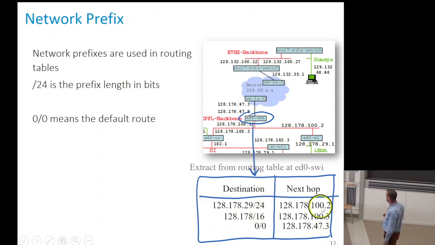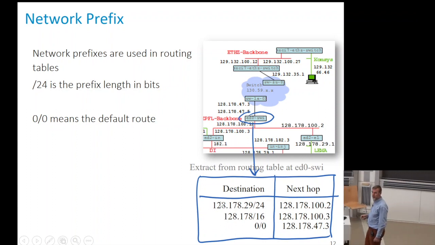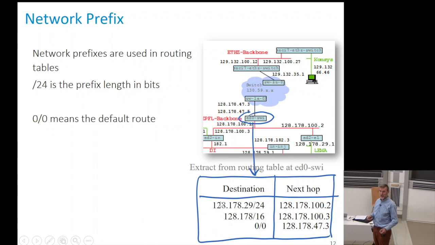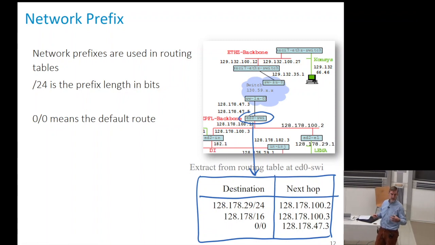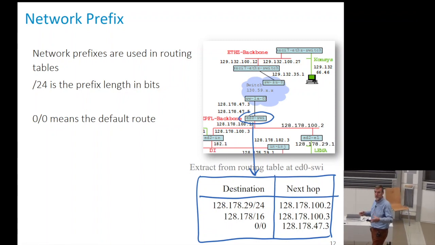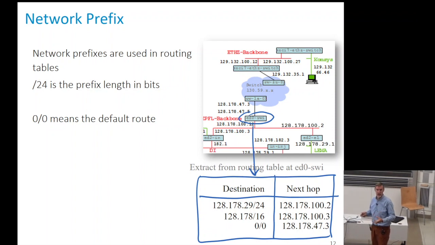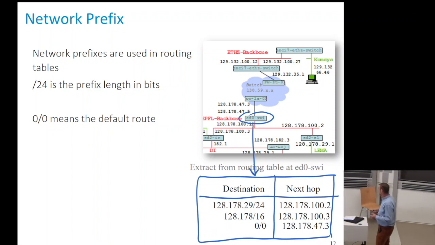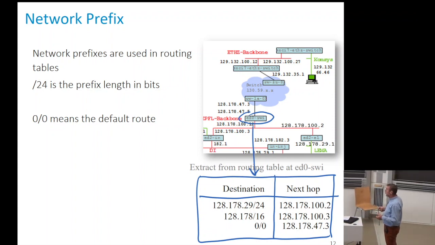So what are those 4 entries? An entry in a routing table is a prefix. A prefix we write usually by giving the syntax of an IP address, or part of an IP address, because a prefix can be shorter than an entire IP address, followed by the number of bits of the prefix. So here, for example, /24 means we take the first 24 bits of this string.